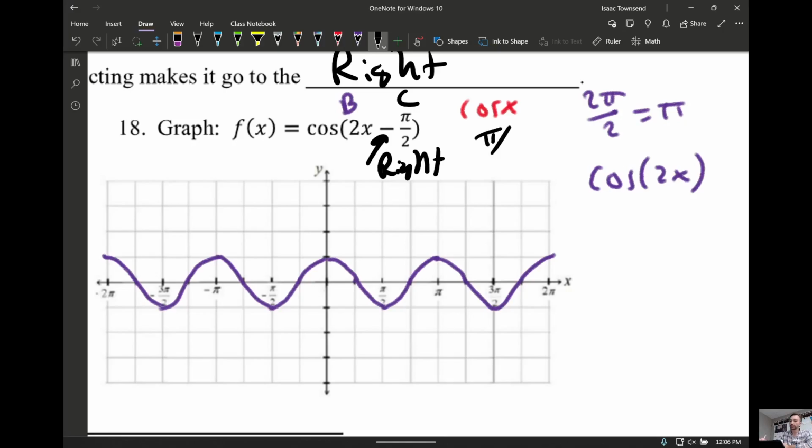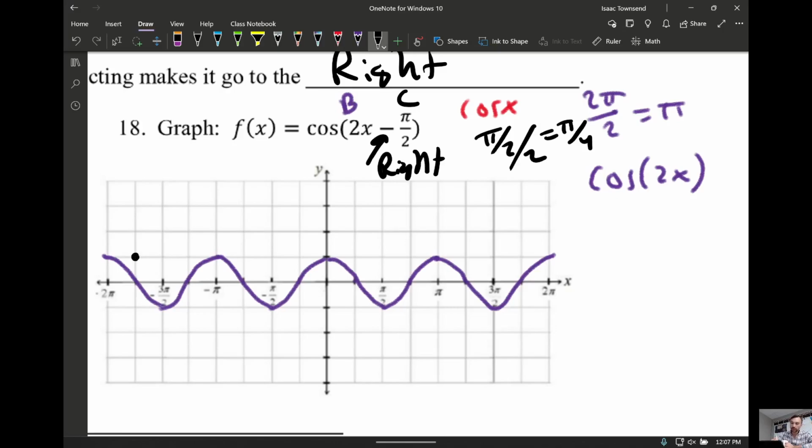So pi over 2 divided in half is going to be pi over 4. So I want to take all these points and move them right pi over 4. Well, how far is pi over 4 in this graph? Yeah, one little tick mark. If 2 tick marks make pi over 2, half of that is pi over 4.